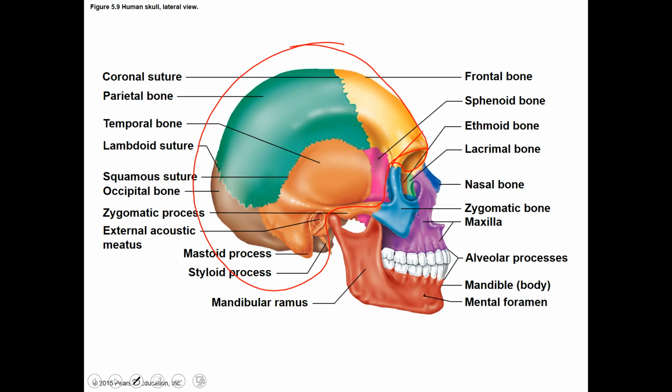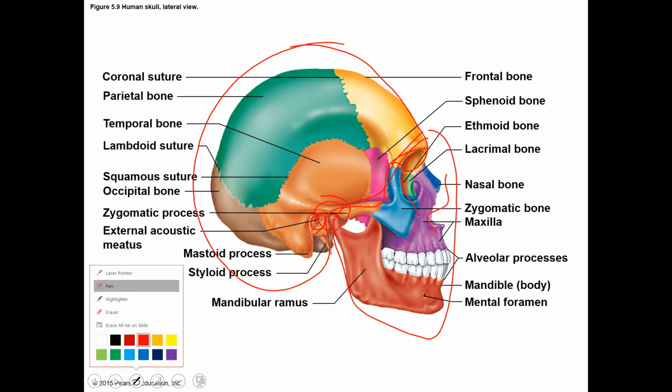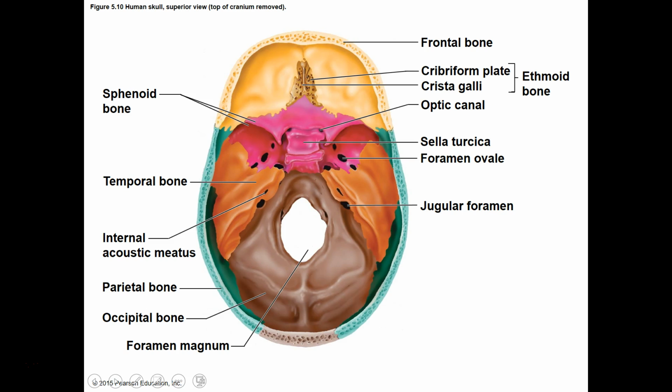Mainly, it is housing the brain, and then you have all of the facial bones here. I like how they put them in different colors so it's easy to distinguish them. See this little hole right there? That's your ear hole, and of course your eye sockets, nasal cavity, all that. Temporomandibular joint. If you have one that clicks all the time, that's the culprit making all that clicking noise when you're chewing.